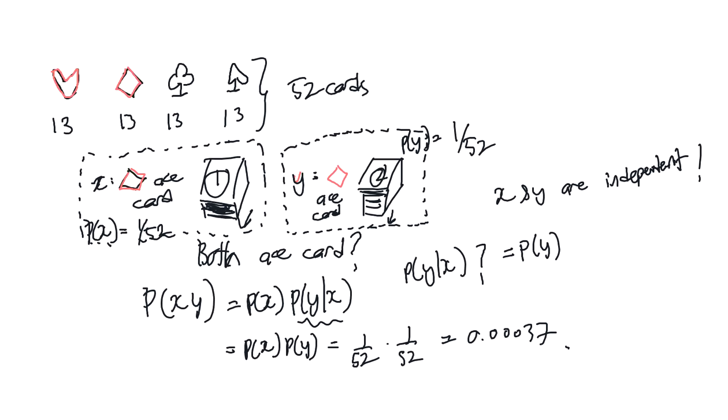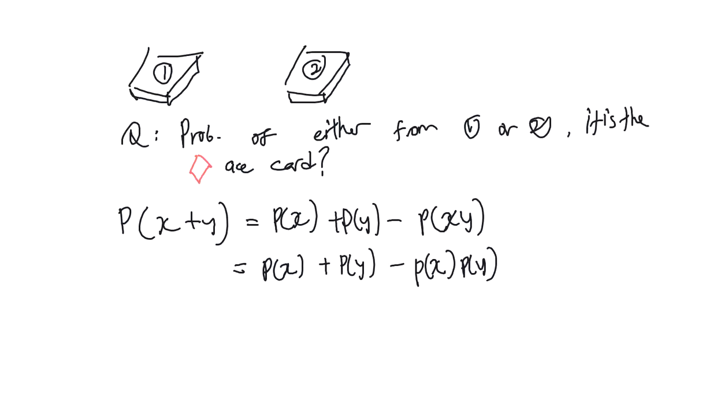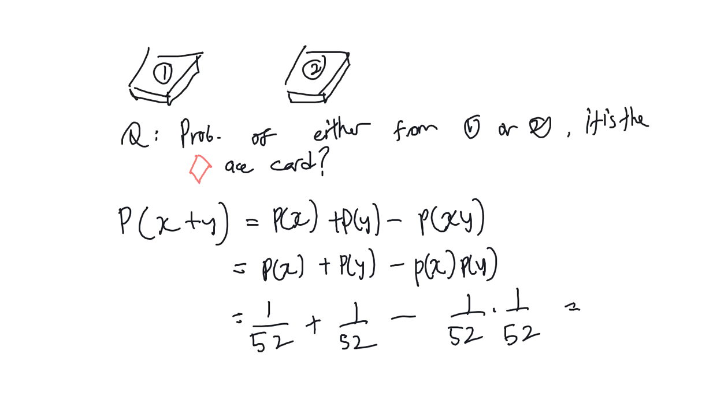Okay, here. So that is 1 over 52 plus 1 over 52 minus 1 over 52 times 1 over 52. Okay, and you get 0.038.